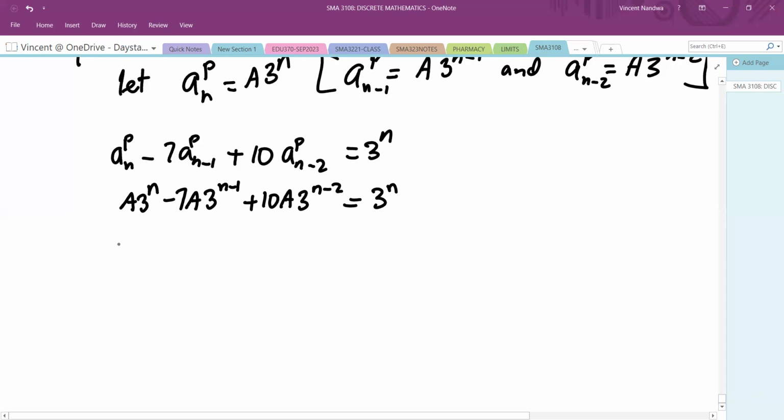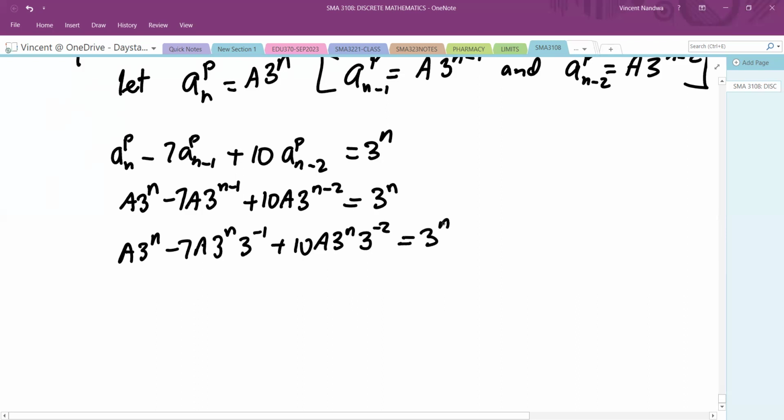So you write this as a·3^n minus 7a·3^n·3^(-1) plus 10a·3^n·3^(-2) equals 3^n, using laws of indices. Then you factor out 3^n.